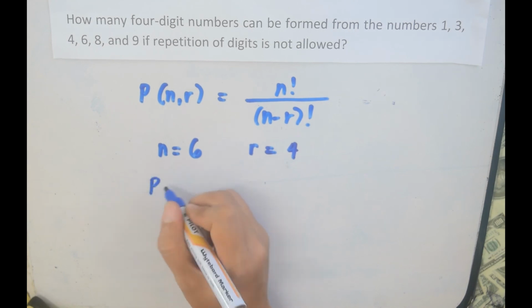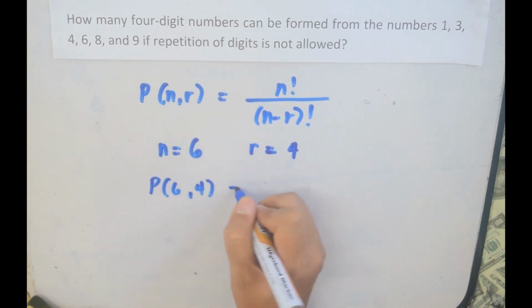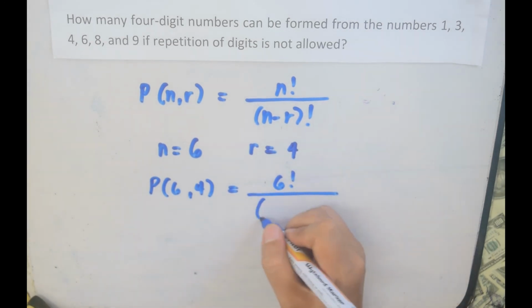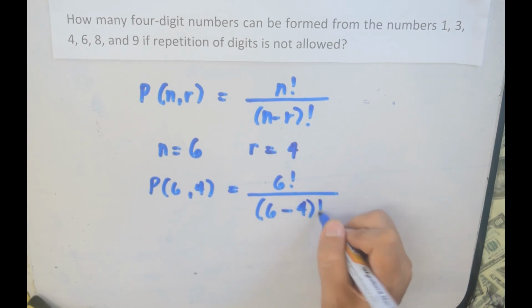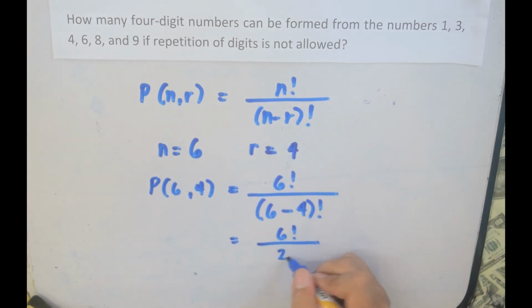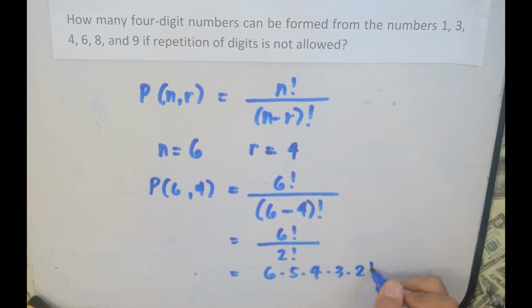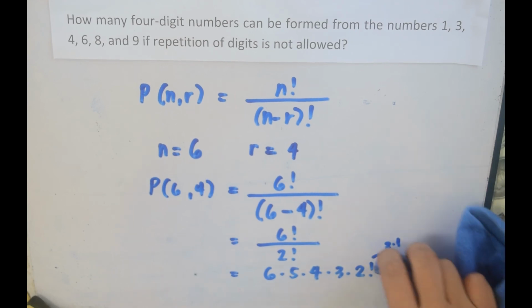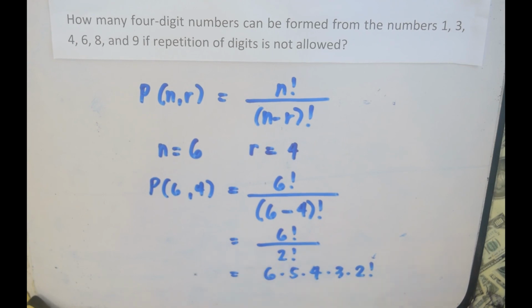So we have permutation of 6 taken 4 at a time, that is equal to 6 factorial over 6 minus 4 factorial. That is 6 factorial over 2 factorial. That's 6 times 5 times 4 times 3 times 2 factorial, since 2 factorial is 2 times 1. I write here 2 factorial so that I can cancel it out with the denominator, since the denominator has 2 factorial.